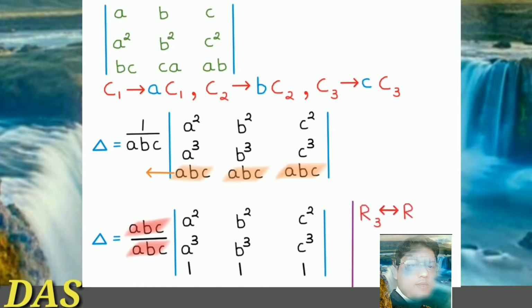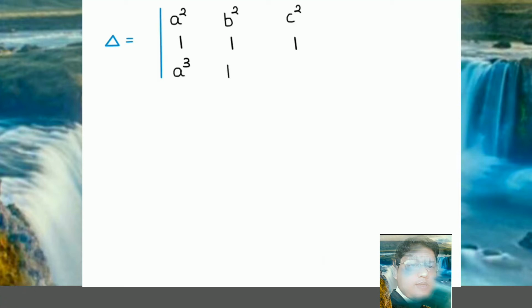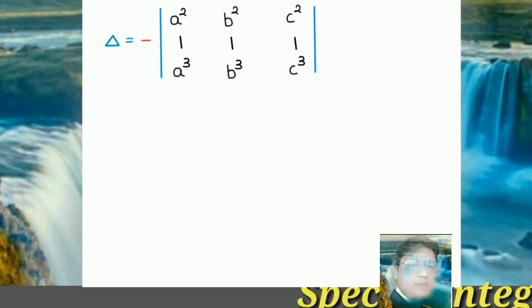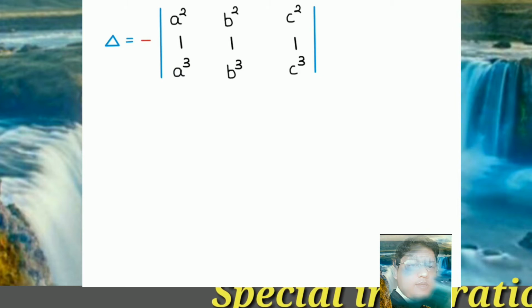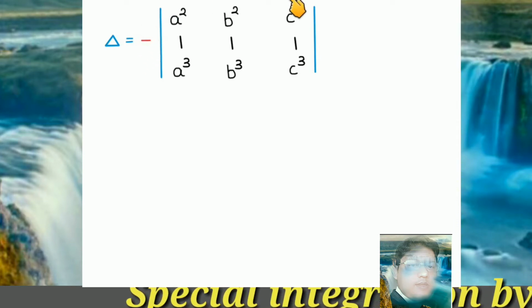It is the property that if I interchange only one time, then I have to write a minus sign. I just interchange R3 and R2. Then I have to write a minus. If I interchange any row or any column once, the sign changes.